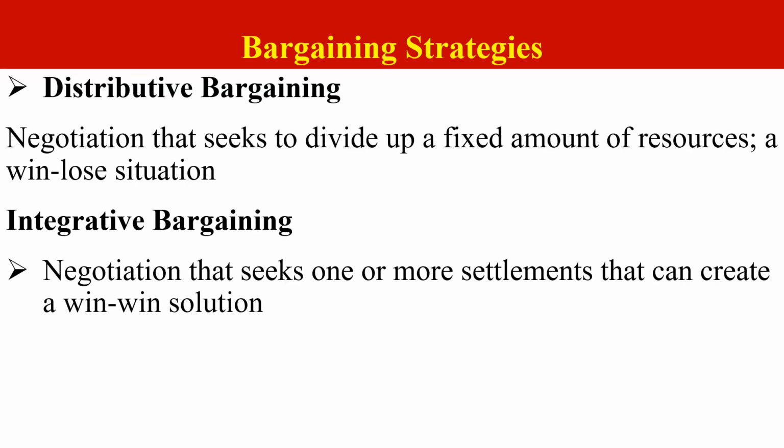There are two bargaining strategies, which are distributive bargaining and integrative bargaining. Distributive bargaining is negotiation that seeks to divide up a fixed amount of resources, that is to say, a win-lose situation. Integrative bargaining is negotiation that seeks one or more settlements that can create a win-win situation.